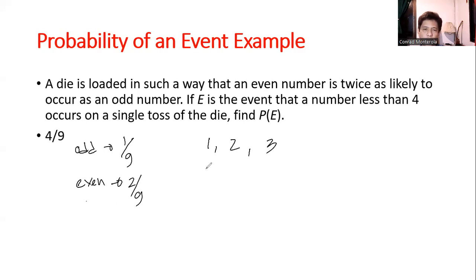The probability of 1 is 1/9, just like the probability of 3, that's 1/9. The probability of 2 is 2/9. It's twice more likely than the odd numbers. And then we add the probabilities. So this will give us 4/9.